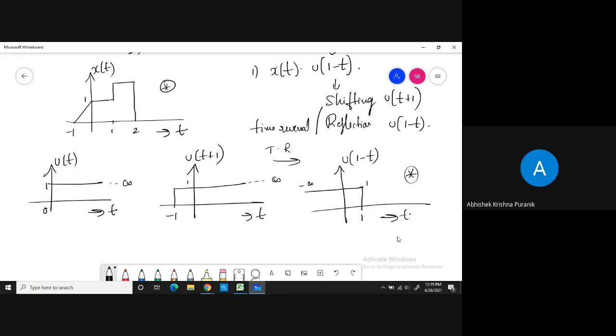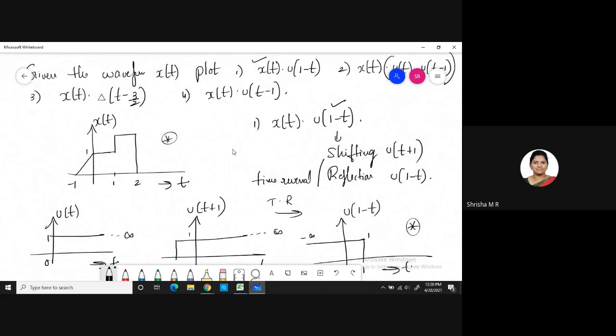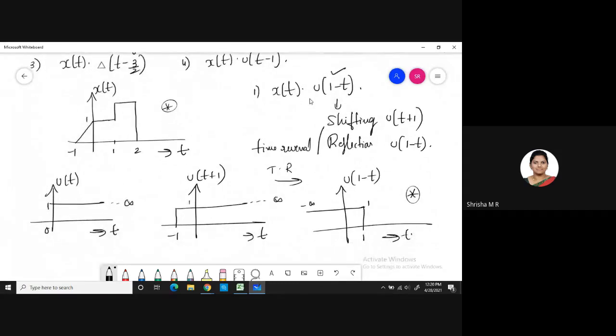These two. This is the given question. Given the waveform x of t, you have to plot 4 different plots. First one is x of t into u of 1 minus t. So first we are trying to plot u of 1 minus t from the basics. We know first we have to do shifting to get u of t plus 1.